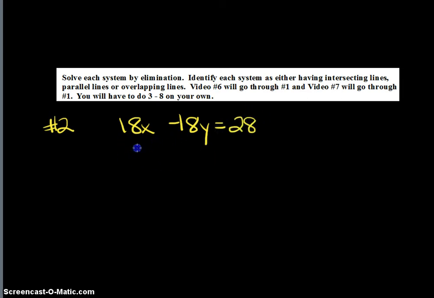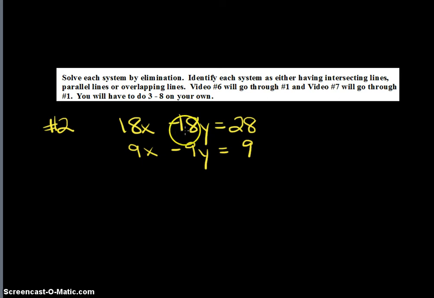And underneath we have 9x minus 9y equals a positive 9. Okay? We're going to start it off the same way that we did before. We're going to look for coefficients that are the same, but the signs are different, and we don't have any. Okay? So I'm going to try to eliminate the y's this time.